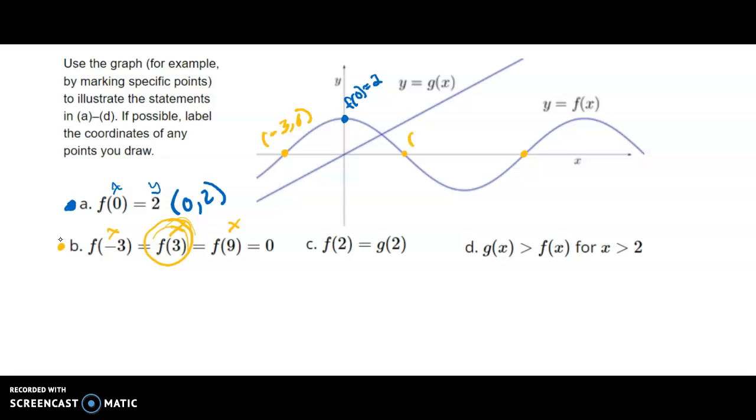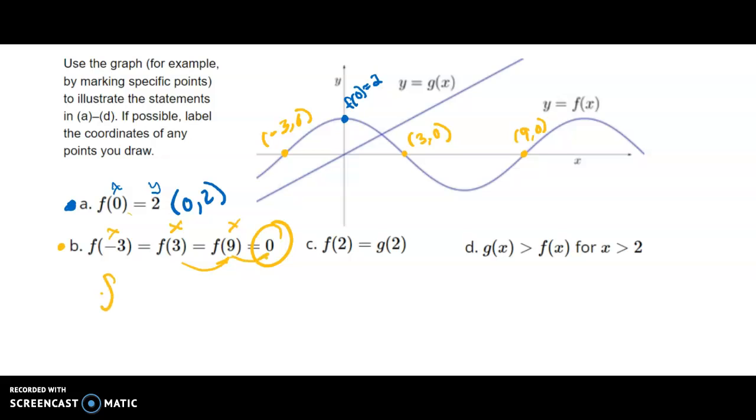And then this one says F of 3 is 0 and F of 9 is 0. So my Y is 0. It says if my function at -3 is the same as my function at 3, which is also the same as my function at 9, they're all going to be 0.